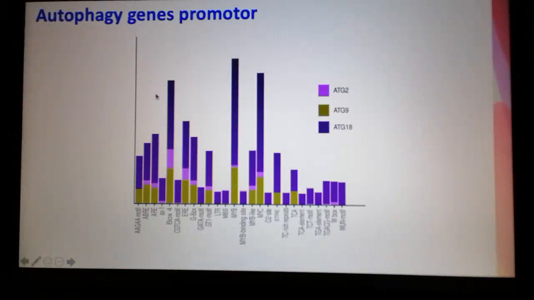MYC is related with jasmonate signaling, and BOX4 is involved in light responsiveness. In this graph, in the BOX4 bar, we can see ATG2, ATG9, and ATG18 are abundant together, mainly ATG2 compared with another transcription factor bar. The results show the complex is involved in abiotic stress.